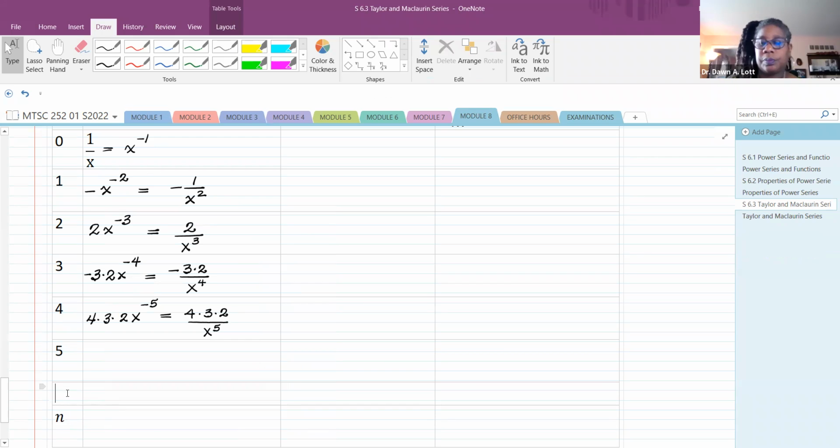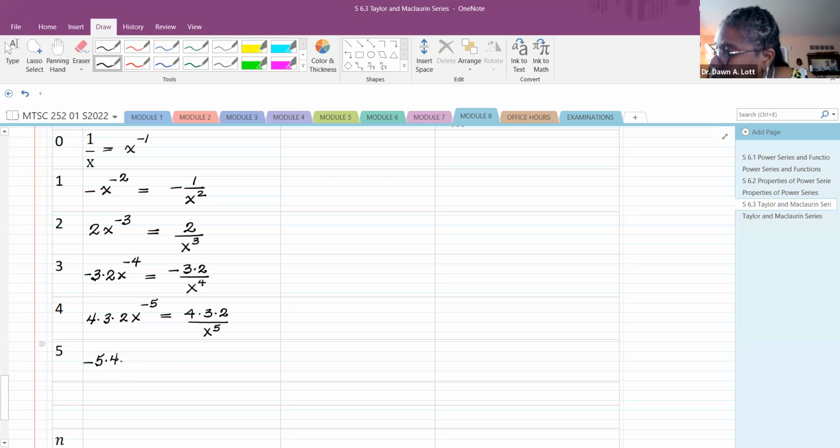Now I'm going to bring the 5 down, so I'm going to get negative 5 times 4 times 3 times 2 x to the negative 6. So that is negative 5 times 4 times 3 times 2 divided by x to the 6.